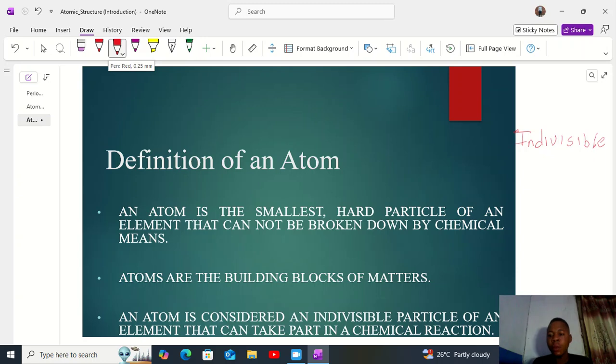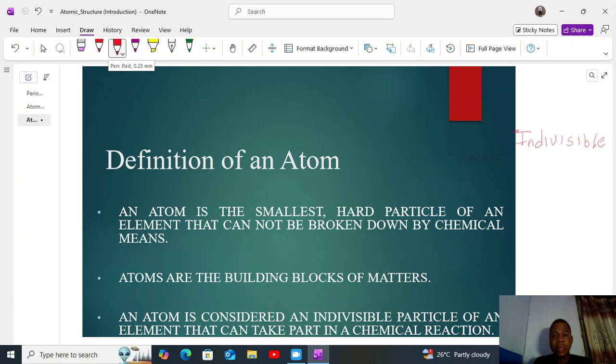Although when scientists like Ernest Rutherford and Niels Bohr came on board, they were able to argue against this theory and come up with a new theory under the modification of atomic theory. But we are not talking about that today. So basically atoms are considered to be indivisible, and also the smallest particle of an element.